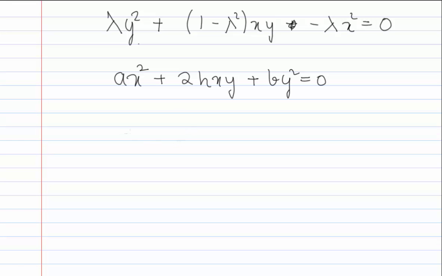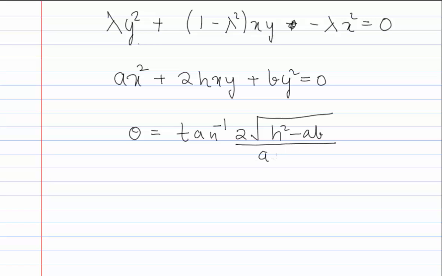For that we have this formula: theta is equal to tan inverse of 2 square root of h square minus ab divided by a plus b. And now we have to calculate a, b and h. So let's do that. We are just going to compare these two equations.